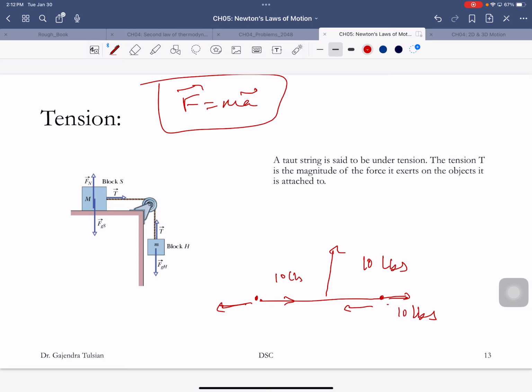Now you want to pay close attention to this. You see in this diagram, the tension on this side of the rope is the same as this side of the rope. That is true only when the pulley is massless and frictionless.